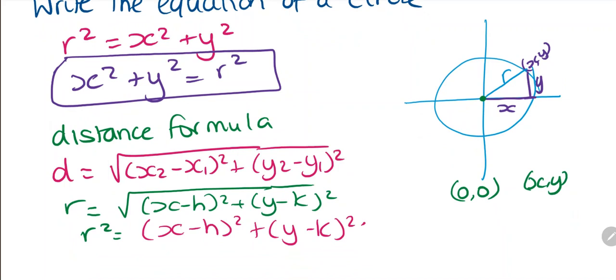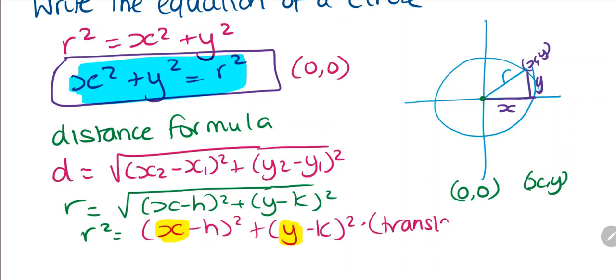And the only difference between this formula here and this one here is that this is when we have our point at the origin, and this one here is when we have our center and it's been translated. So let's have a look at an example.